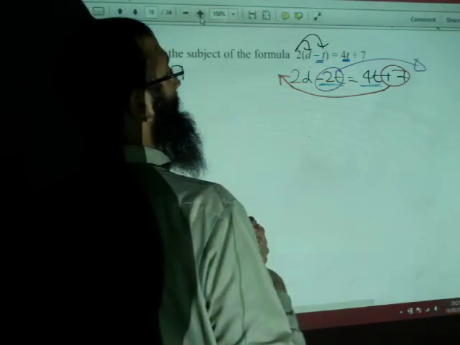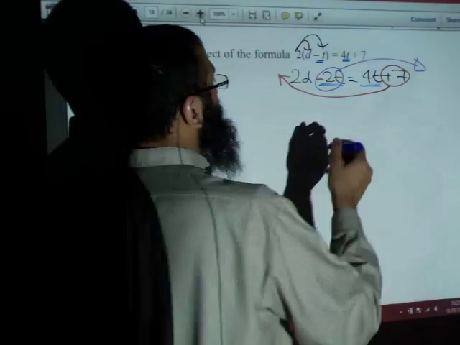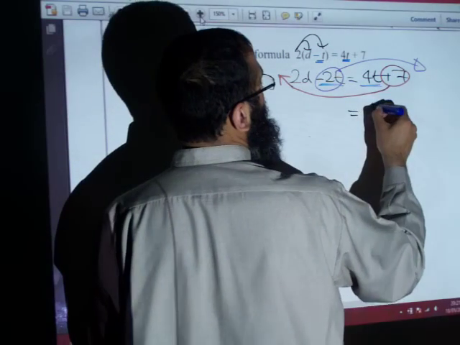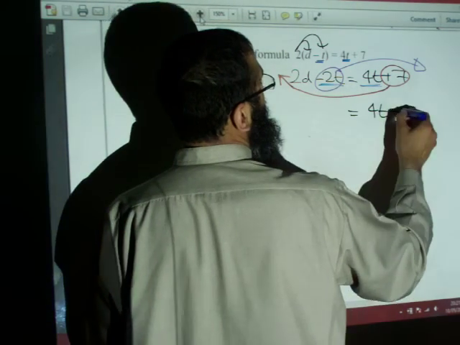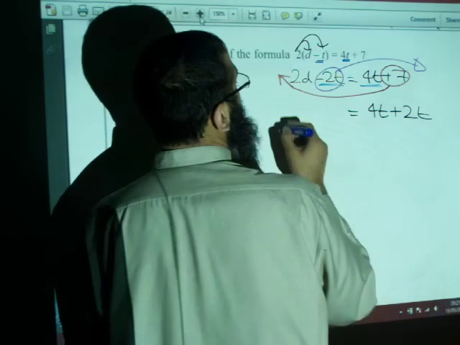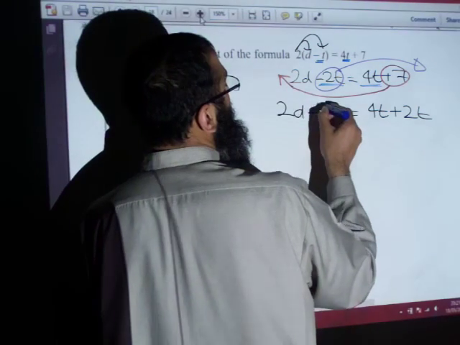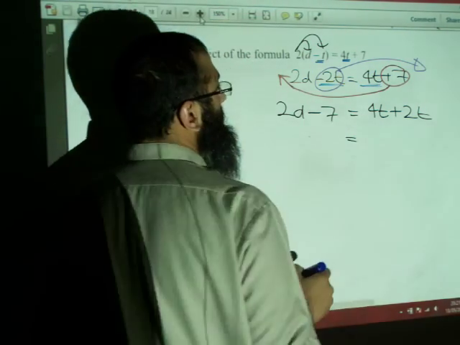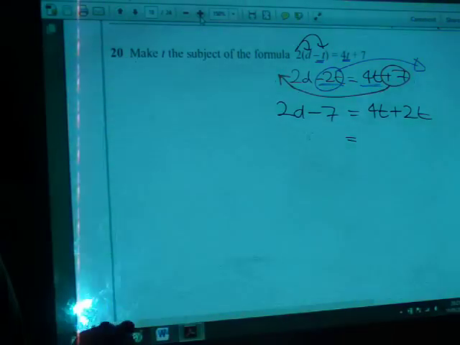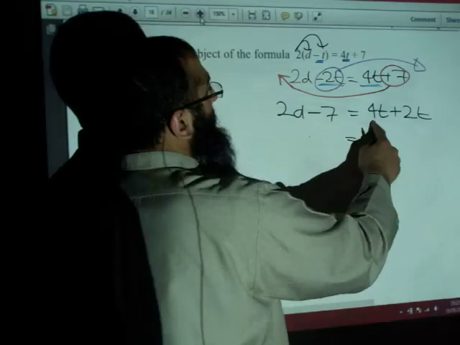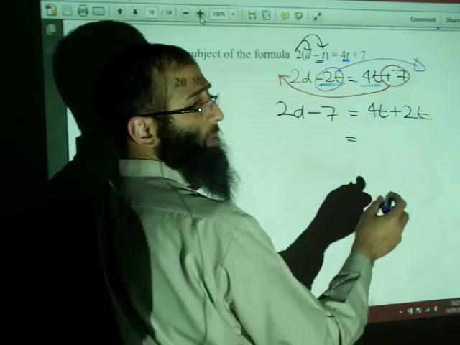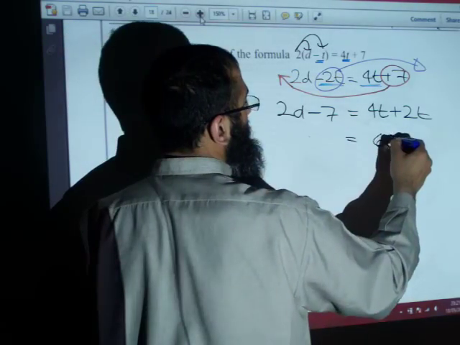So we have 4T plus 2T on one side and 2D minus 7 on the other. 4T add 2T gives a total of, Samia? 6T.